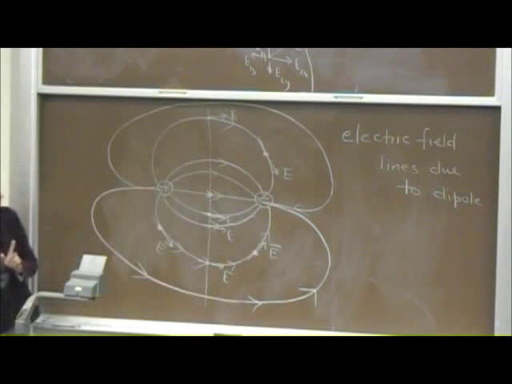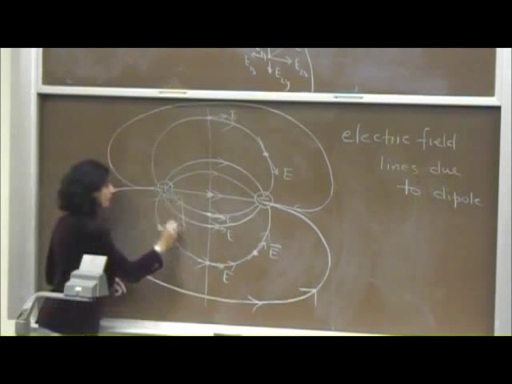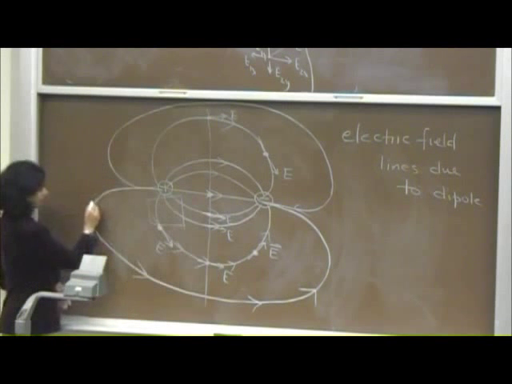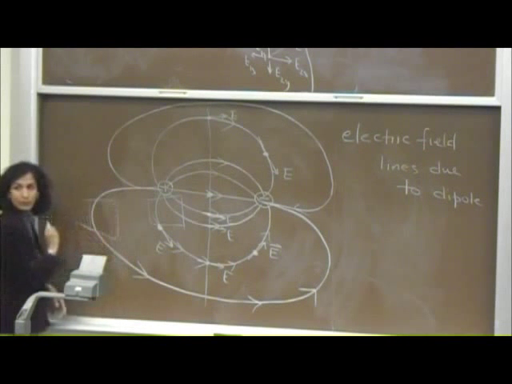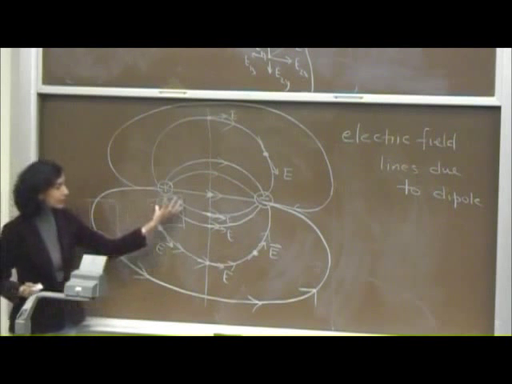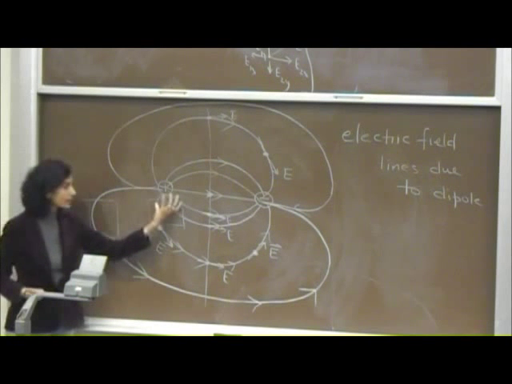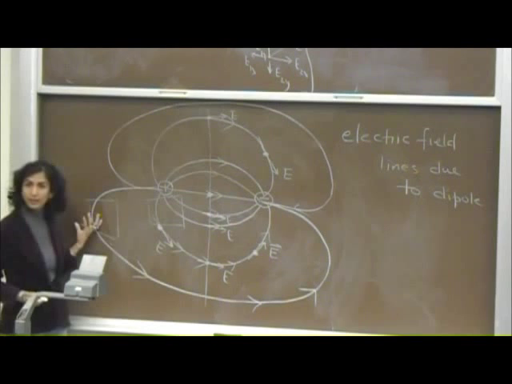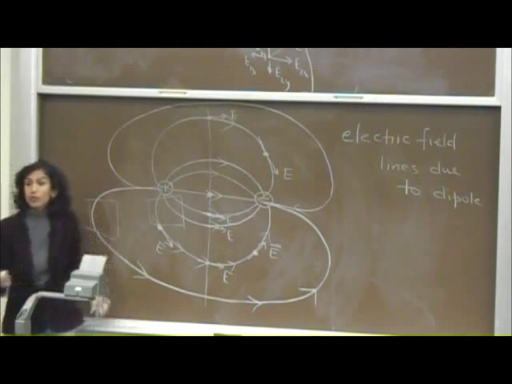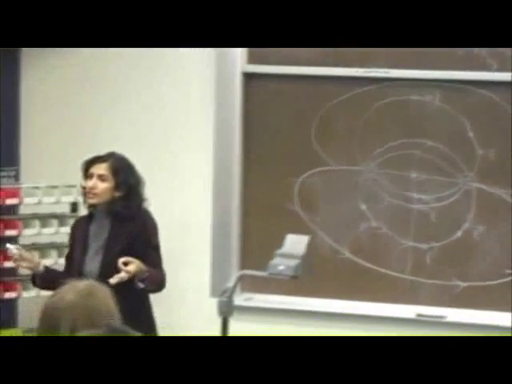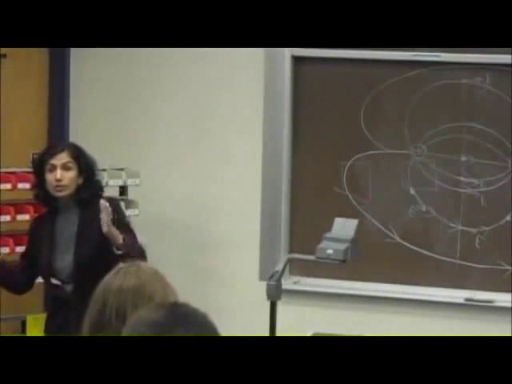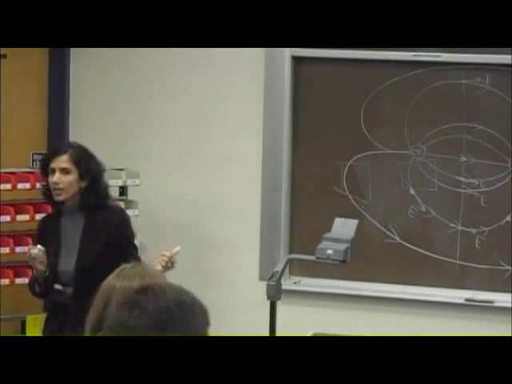Now you can also see another thing. Do you see that lines are closer together here than they are farther away? That would mean that the electric field is stronger here than it is over here. But again, if you wanted to know exactly what the magnitude of electric field is in Newton per Coulomb, you cannot get it from electric field lines.